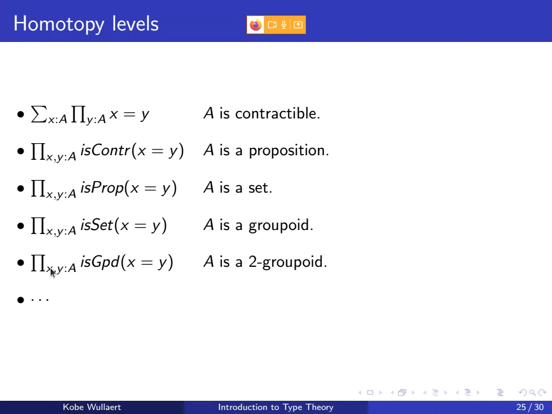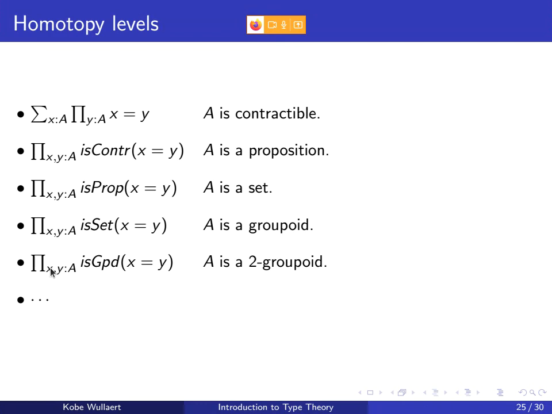Now, if you apply this to saying that for all x and y this holds for the identity type, this means that your type is a proposition. The reason is that, up to homotopy, there always exists a unique proof of the equality.